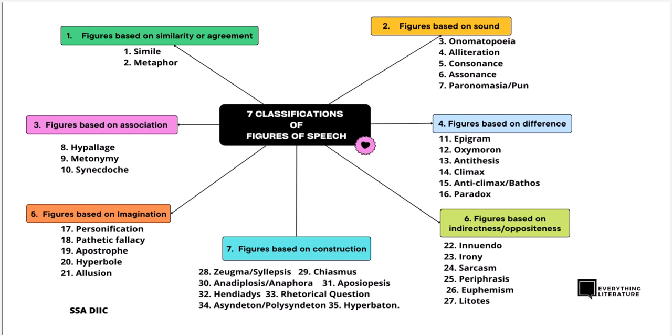Okay, figures based on imagination, personification, pathetic fallacy, apostrophe, hyperbole, allusion. Then figures based on indirectness, we have innuendo, irony, sarcasm, periphrasis, euphemism, litotes. Then we have zeugma, syllepsis, chiasmus, anadiplosis, anaphora, and the likes that we discussed in this class.